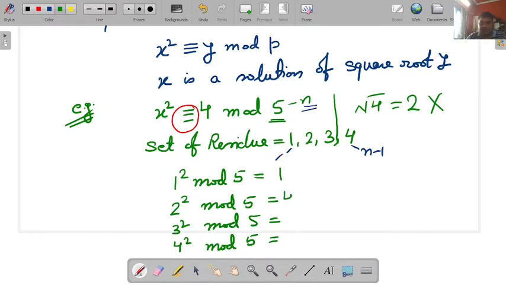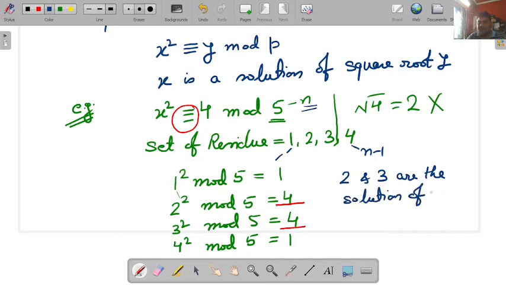So what will the result be? 1, 4, 4 and 1. Now you can see that here the outcome is 4. It means in this case we can write that 2 and 3 are the solution of square root 4.